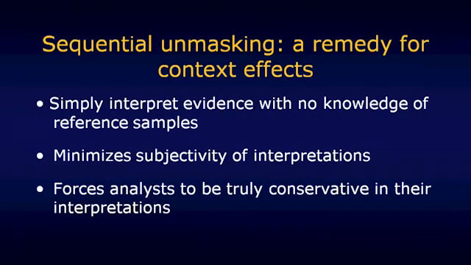There is a movement within the crime laboratory community to move towards sequential unmasking. There are several state laboratories within the United States, the Virginia Department of Forensic Science, perhaps first among them, to adopt blind testing and sequential unmasking as part of their protocols. There are others that do the same.